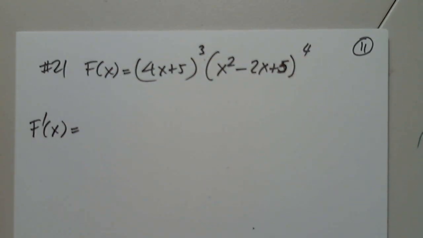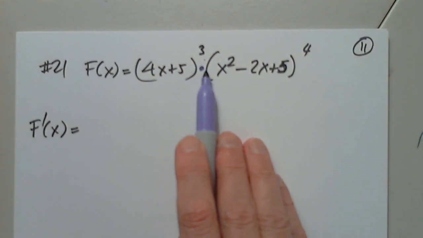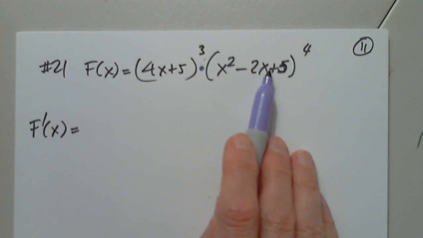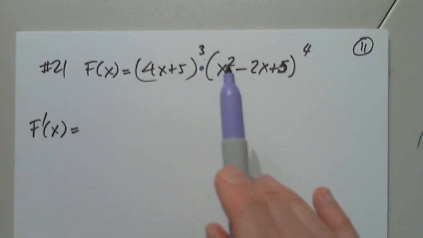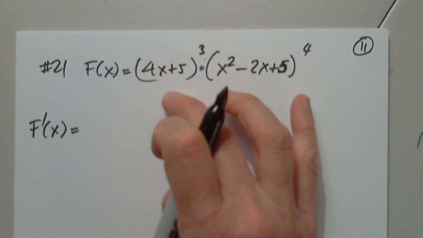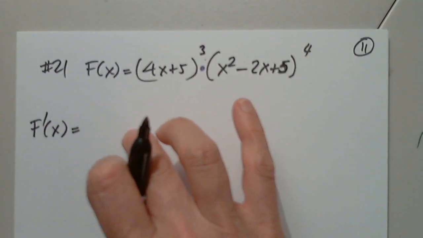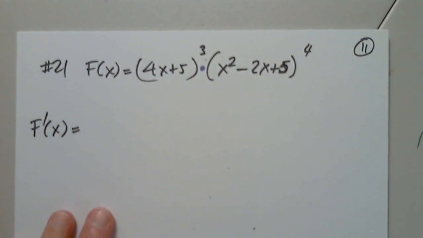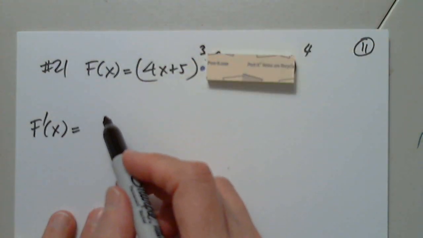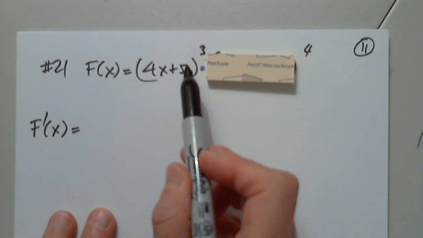The priority is the product rule combined with the chain rule. This is a product, so I have to use the product rule and the chain rule. I differentiate the first function. It's a function to a power. Can anyone differentiate just the first function for us?